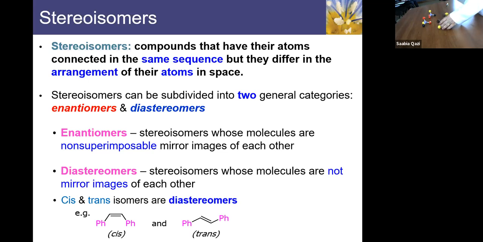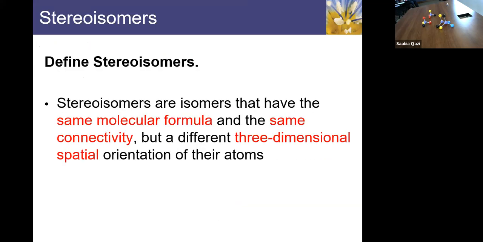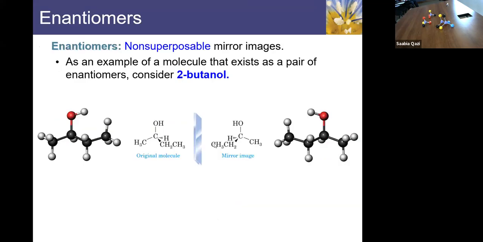So how can we define an enantiomer? We can define enantiomers as stereoisomers whose molecules are non-superimposable mirror images of each other. Can I say that? So this was the stereoisomers. He has taken an example of 2-butanol. The way I did it, I showed you practically.